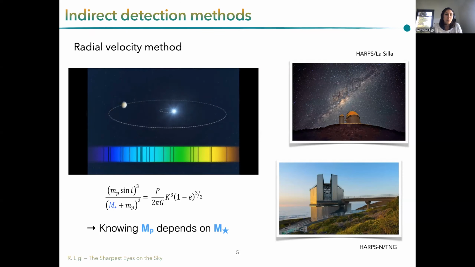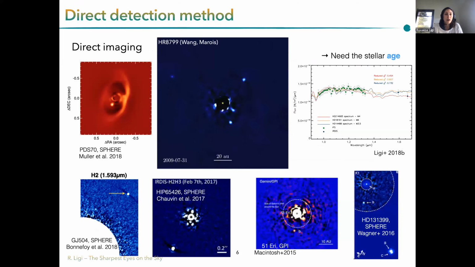And again, what we would measure using this method is actually dependent on the stellar mass. So again, if you want to know the planetary mass, you need to know the stellar mass and also the inclination of the system in this case. So again, we have the dependency on stellar parameters.